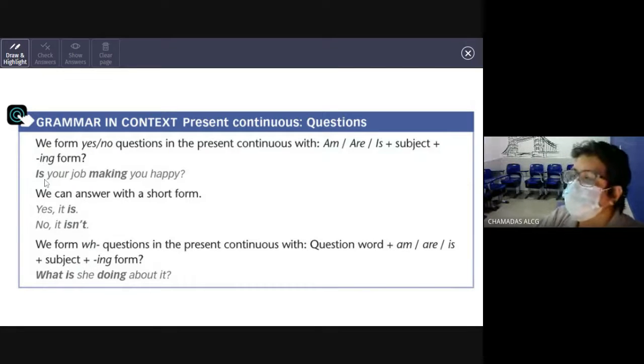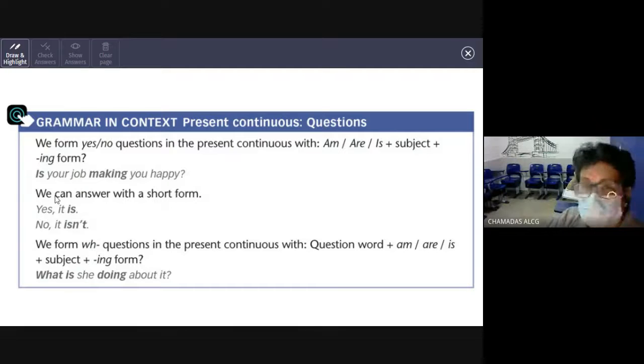Okay? Example, can you read the question here, please, Felipe? Is your job making you happy? Great. As you can see, look, the verb to be comes before the subject. Okay? Is your job making you happy?